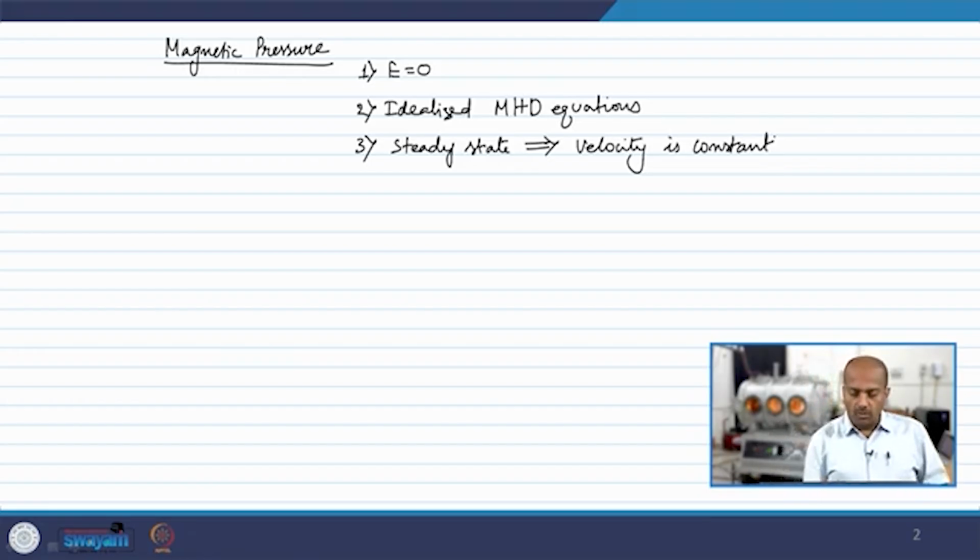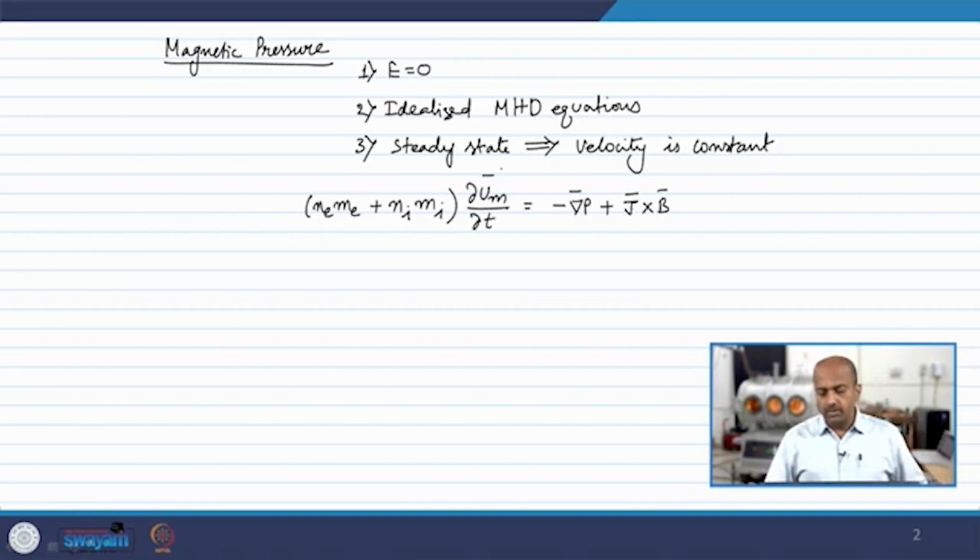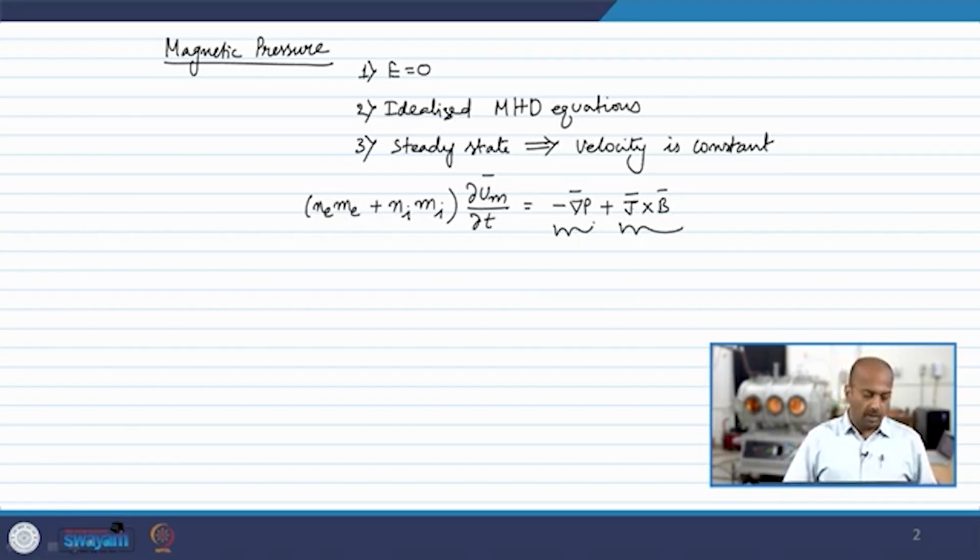So, we can use the idealized MHD equation, (n_e m_e + n_i m_i) ∂u/∂t = −∇p + J × B. This is the momentum equation, which says the effects of electromagnetic behavior, in addition to the effects of pressure force, are totally responsible for the rate of change of velocity with respect to time.